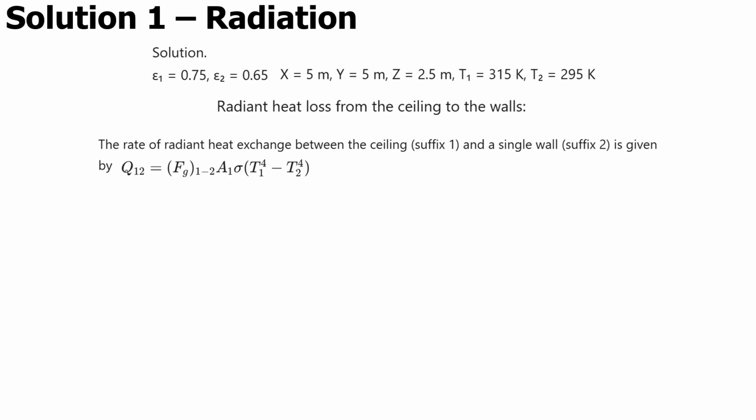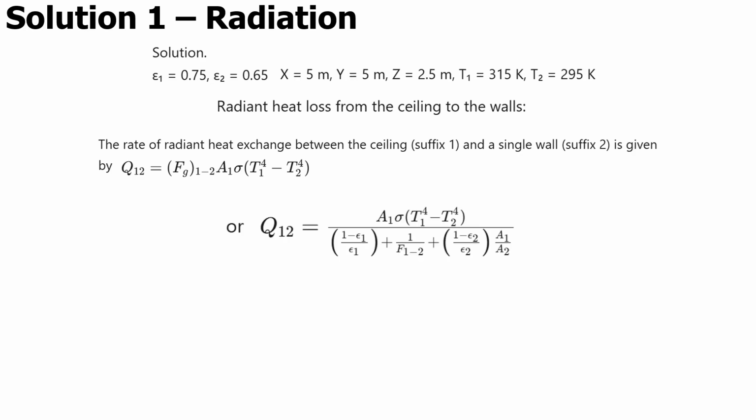Now, this equation can be expanded to account for the emissivities and view factors between the surfaces, and the full expression is now as shown. The term F̃1-2 is known as the gray body shape factor, which incorporates the emissivities of the surfaces and the geometric view factor between them. It is as displayed on the screen.